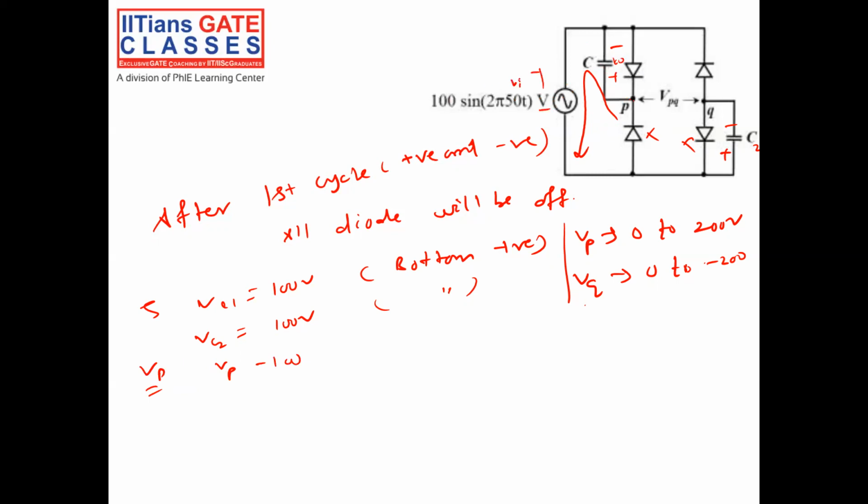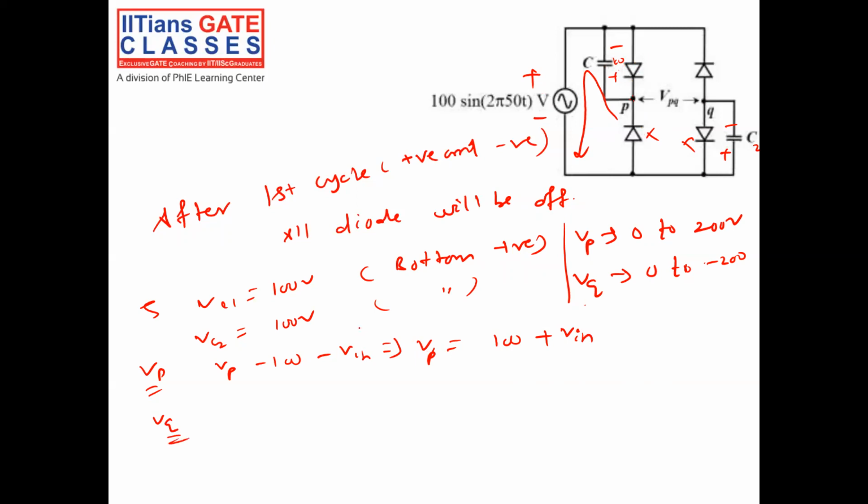This is Vin, positive, negative. So it will be minus 100 minus Vin. So Vp minus 100 minus Vin is equal to 0. This implies Vp is 100 plus Vin.